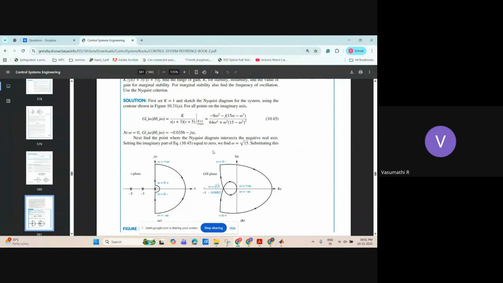So here -1 is here, and it is rotating this in a clockwise direction again. Actually, it is not rotating.